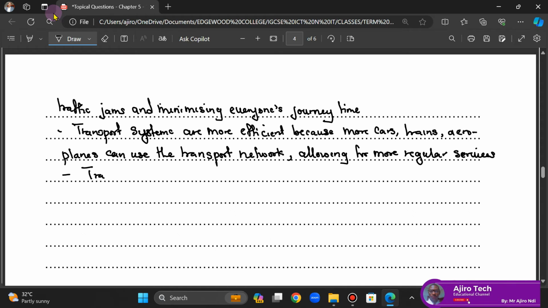Traffic offenders or traffic offenses, and let's give an example.